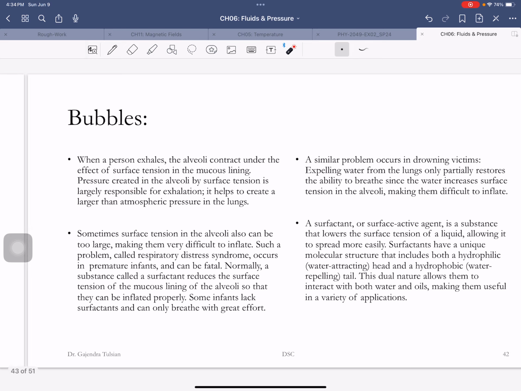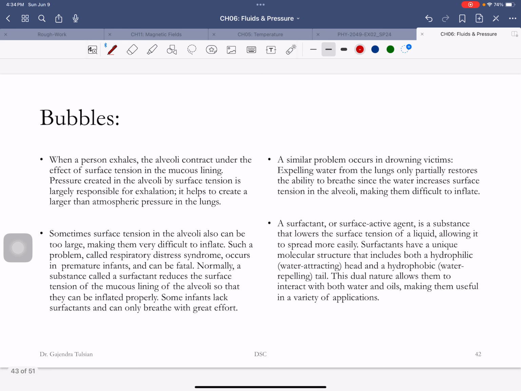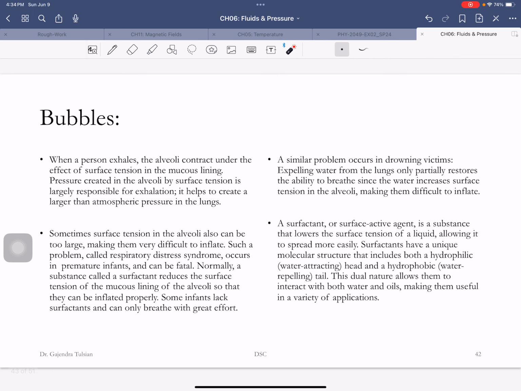When you want to exhale, you want the pressure here to be higher than atmospheric pressure, and then air will go out. We'll come to that in the next chapter. So when a person exhales, the alveoli contract under the effect of surface tension in the mucus lining.